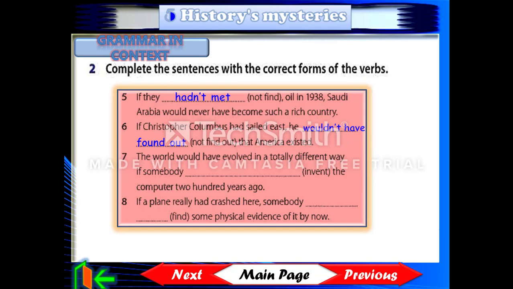The world would have evolved in a totally different way if somebody had invented the computer 200 years ago. If a plane really had crashed here, somebody would have found some physical evidence of it by now.